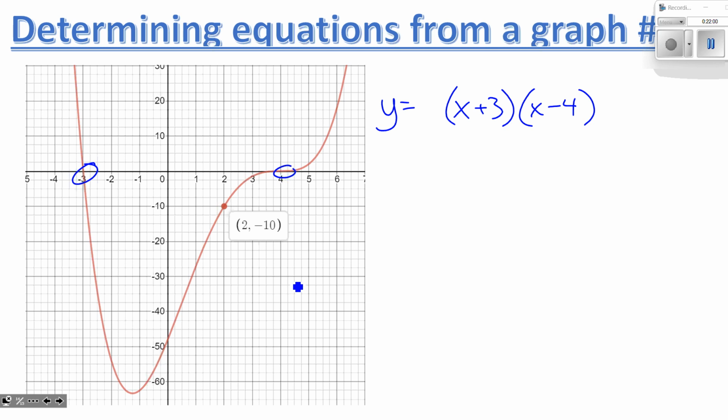But I see this is definitely flattening out here, which means that's going to be multiplicity 3. And don't forget a value. To find that a value, I'm going to use this coordinate point 2, negative 10 that was given to me. So negative 10 is my y I'm plugging in. And 2 is my x.